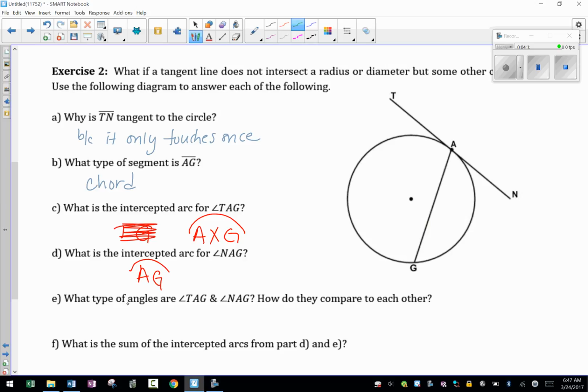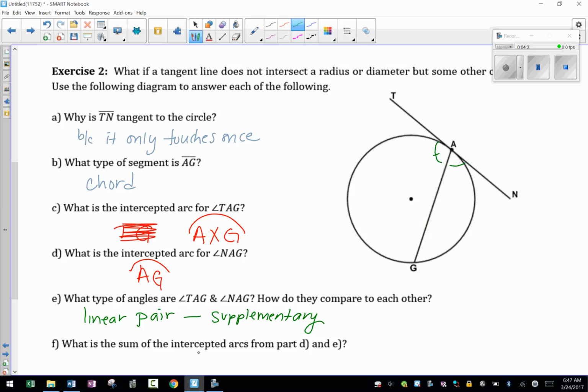So when we say what type of angles are they, I'd like you to notice that they are a linear pair. And since they both make a straight line, they are therefore supplementary. So those two angles add up to 180 because they're supplementary.